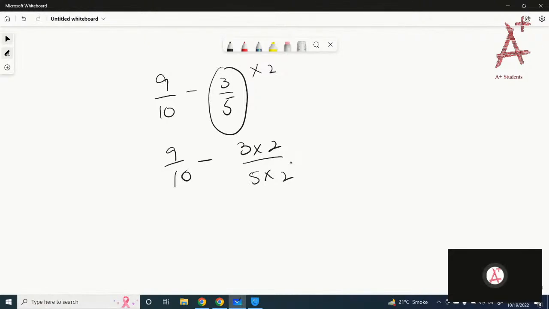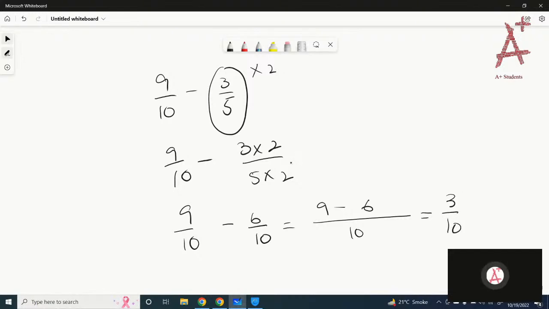Got it? So it is 9 over 10 minus 3 times 2 is 6 over 10. They have like denominators, simply subtract their numerators. So 9 minus 6 is 3 over 10. Got it? And this is already in simplest form. So you have nothing to do, they are already in simplest form. Got it?